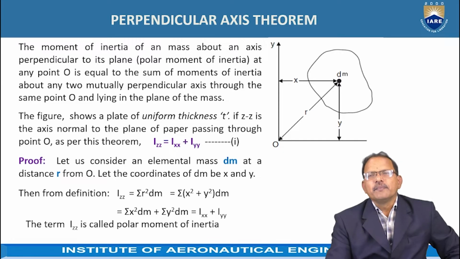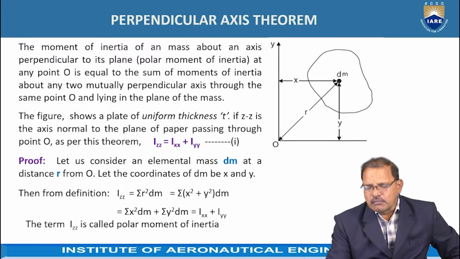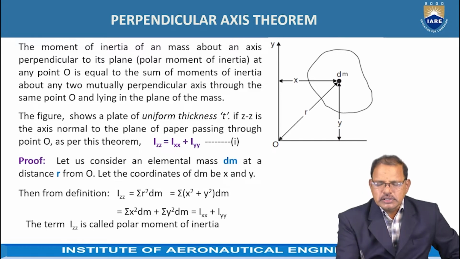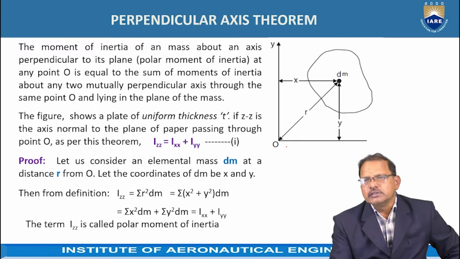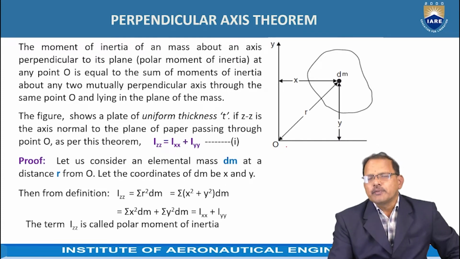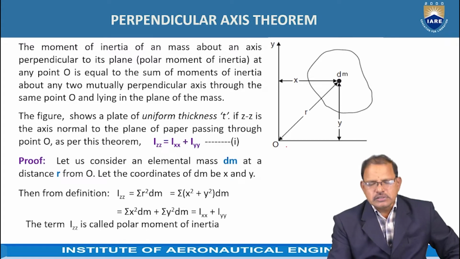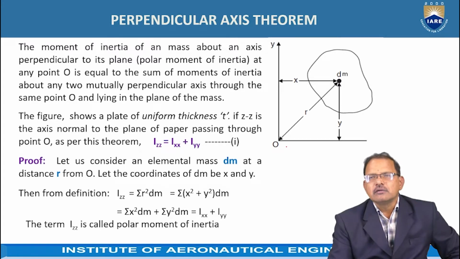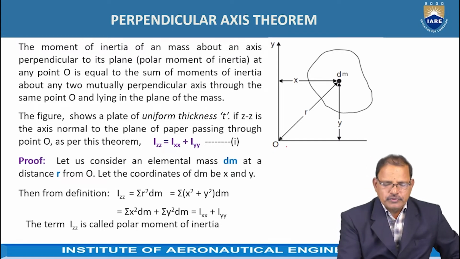Then the moment of inertia of this elementary mass about the z-axis, which is passing through point O, that is Izz, is given by the product of the mass and the square of the distance, which is equal to sigma r square dm.